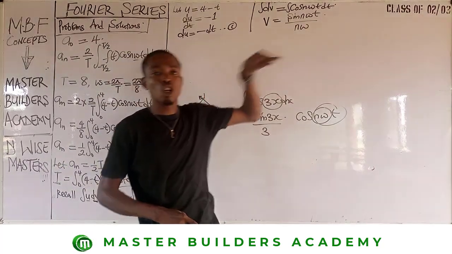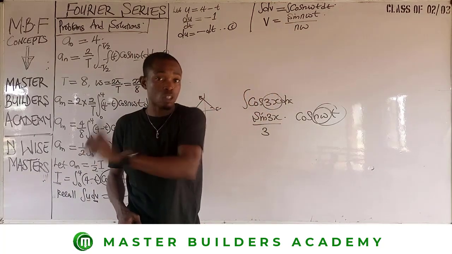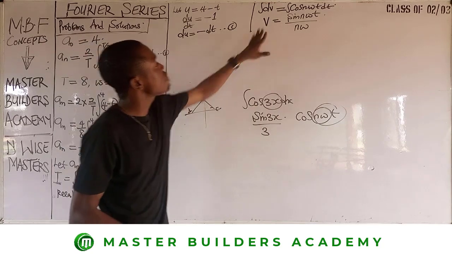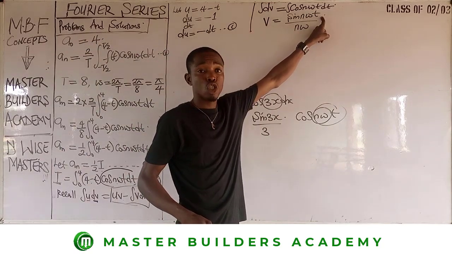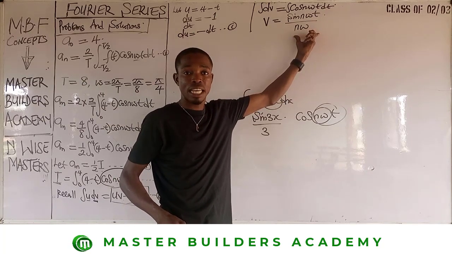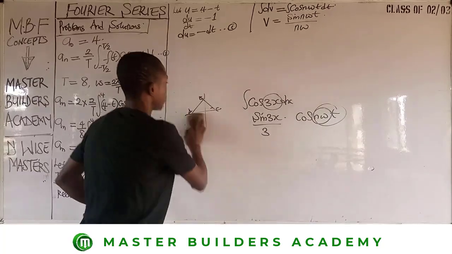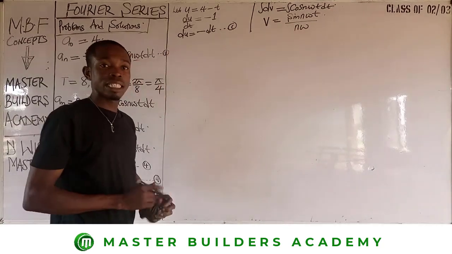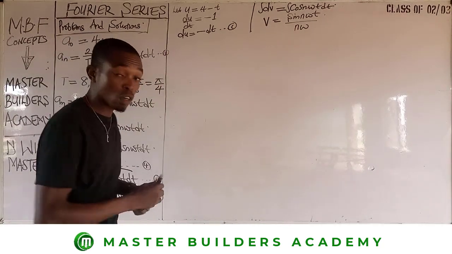It's only when you differentiate cos that you have a negative sign. Don't forget this. Okay? So this is what we have. Anywhere we see v now, we'll be substituting sine n omega t over n omega. Are you there? So this is the resulting integral of cos n omega t.